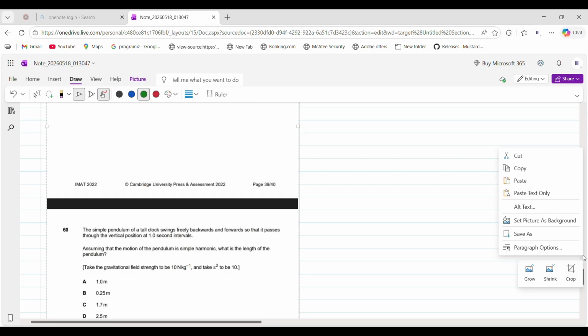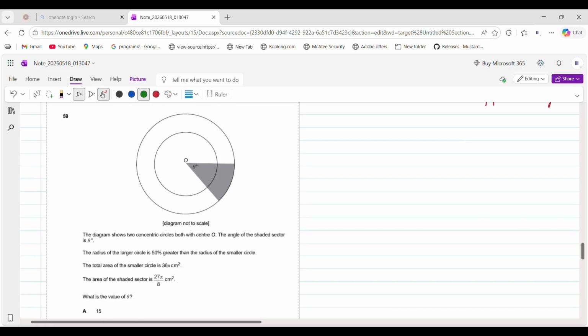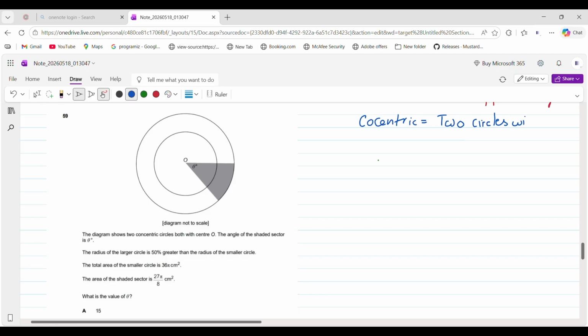Now we are supposed to solve the 59th question. It's again easy, not difficult at all. The diagram shows two concentric circles, both with center O. Now see, concentric means two circles have a common center.